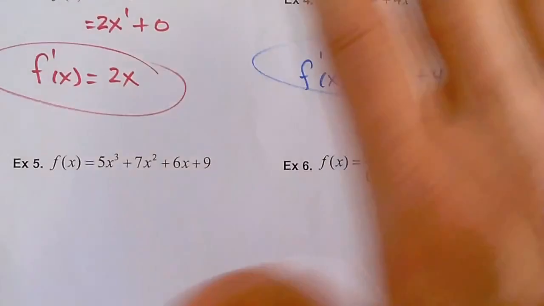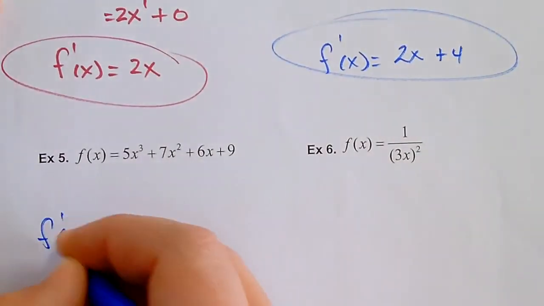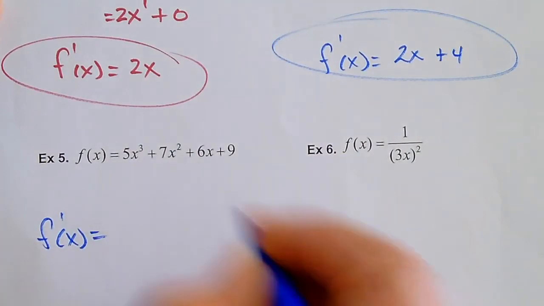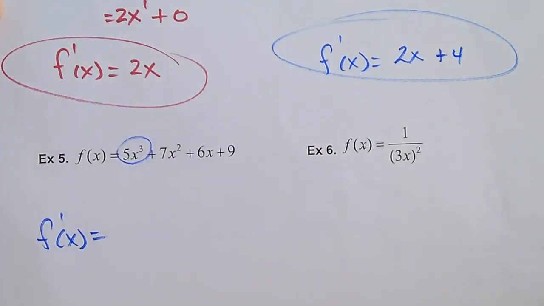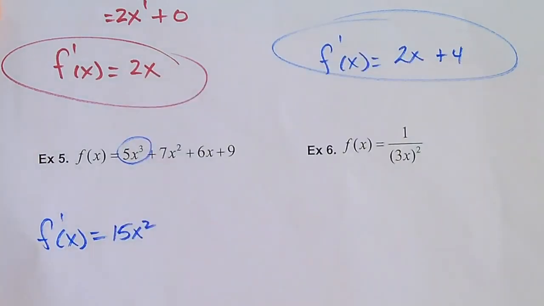All right, so let's put this into action. Number 5. I got the derivative of f of x. I'll do this one in blue. What is the derivative of 5x cubed, y'all? 3 times 5 is 15, x squared. Very good. I do the next one.